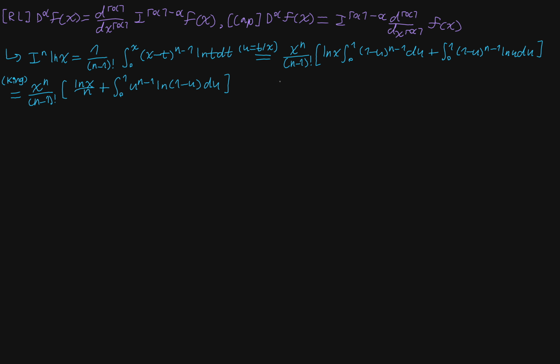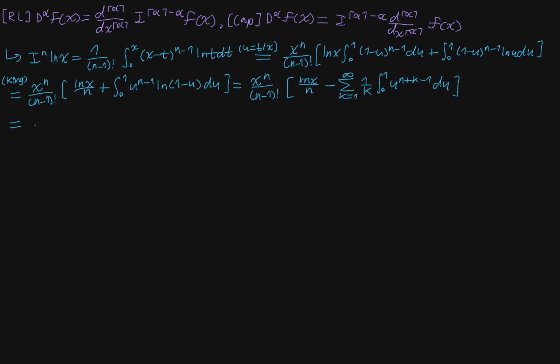And now we can use the Maclaurin series for ln of 1 minus u. So we're going to have x to the n over (n minus 1) factorial times the natural log of x over n. Now we pull out here, we're going to have the sum k equals from 1 to infinity of 1 over k times, now we just have the integral of a power function u to the n plus k minus 1 du, right?